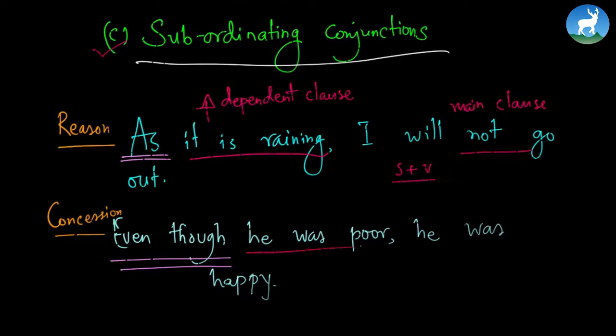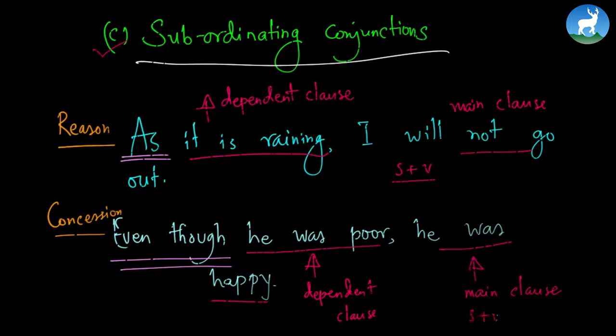Let's look at this example. Even though he was poor, again this is a dependent clause, followed by he was happy, and this he was happy part is what we call the main clause. Subject and verb and it makes sense. Subject and verb in the dependent clause does not make complete sense. Alright? That is what we call the subordinating conjunctions.